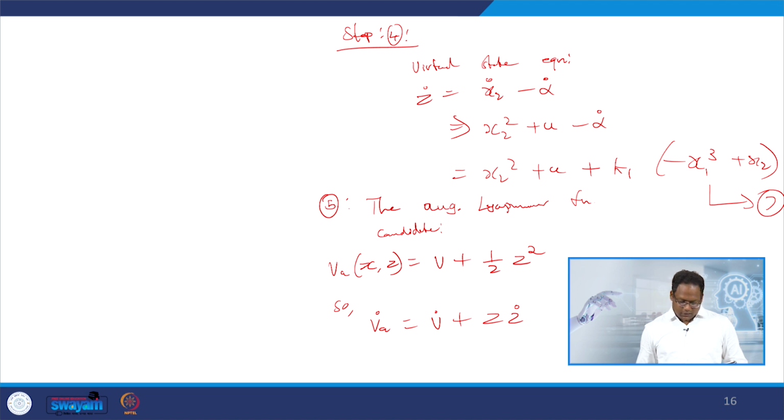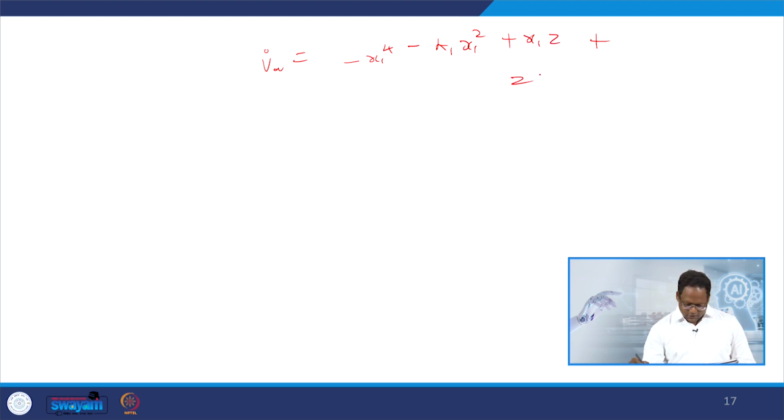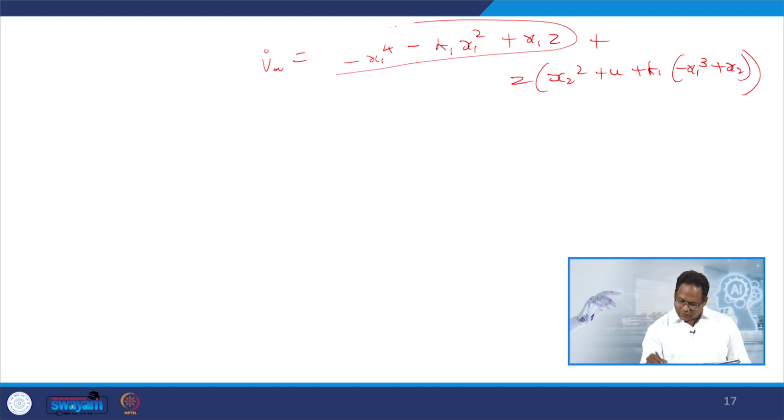Upon substituting V dot and z dot, the V a dot expression is minus x1 power 4 minus k1 x1 square plus x1 z plus z multiplied by x2 square plus u plus k1 times minus x1 cube plus x2. So, the first part is V dot.